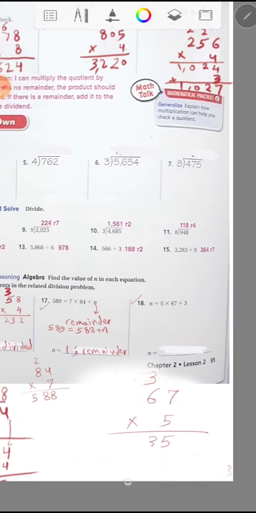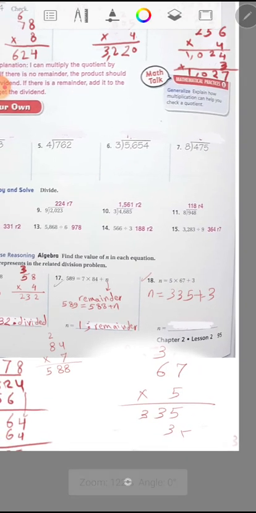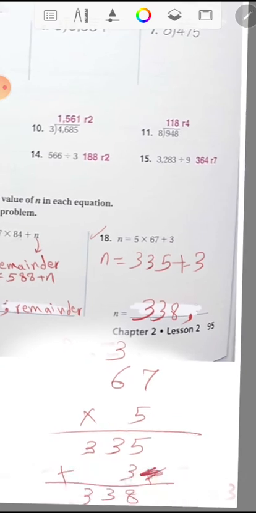So n equals 335 plus 3. If you add 3, 5 plus 3 equals 8, so the n will be 338, and this is the equation to find the dividend.